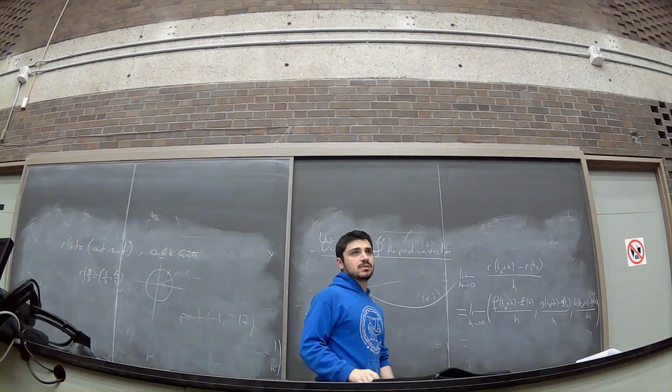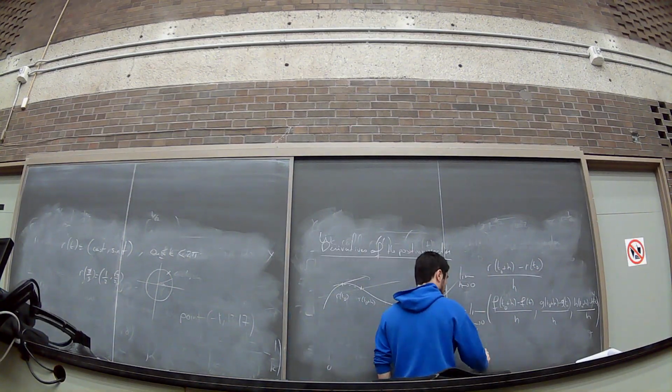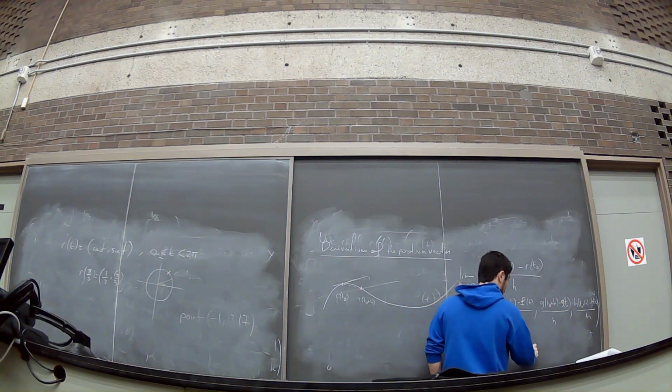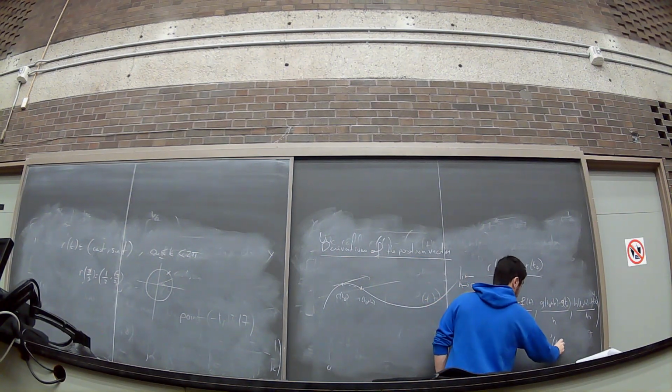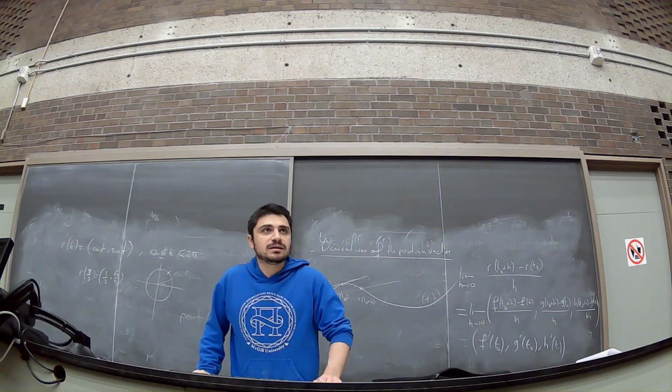Now, when I distribute the limit inside, what do I get here? I get f prime t0, g prime t0, and h prime t0, provided f, g, and h are differentiable at t0.